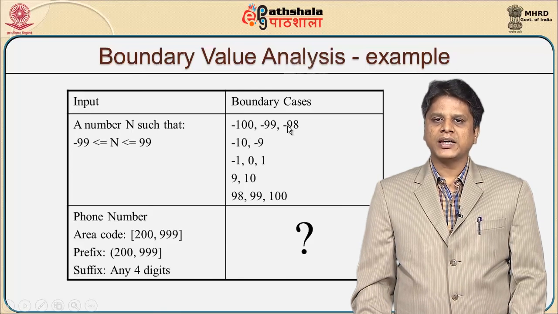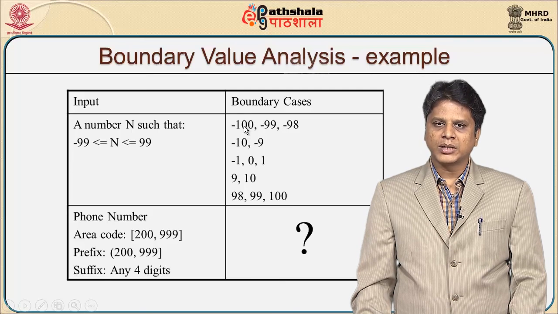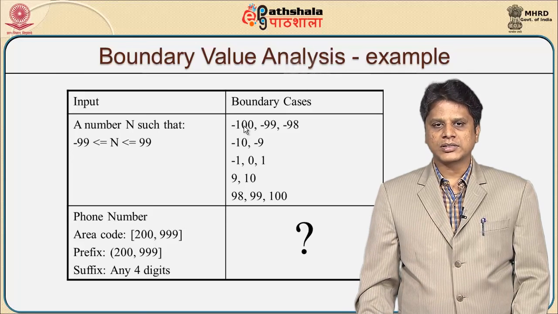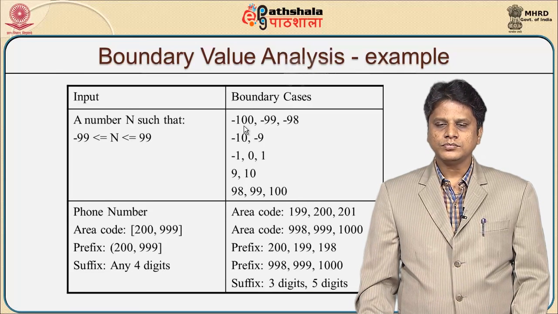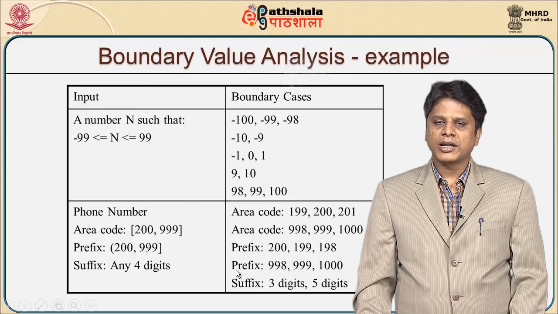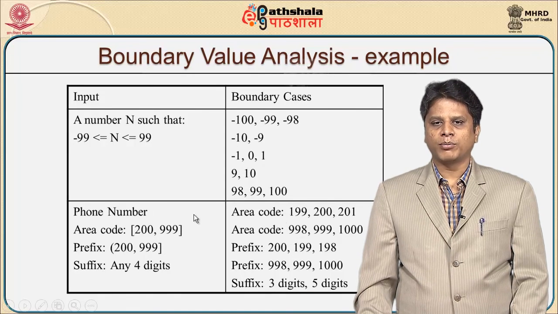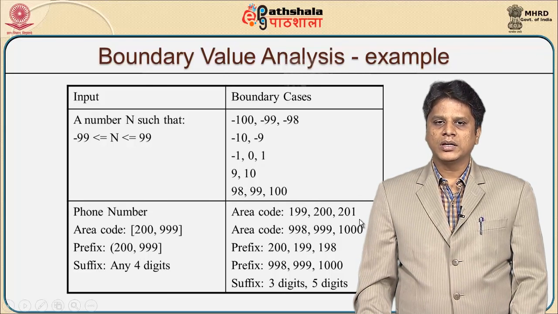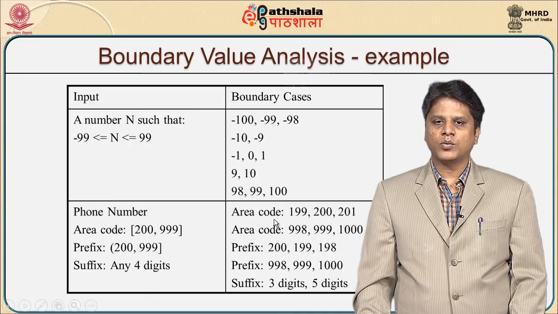If the system says minus 100 is well within the limit, then we may have to actually look at the coding and correct ourselves. Likewise, similar activity is carried out for the phone number also, where the appropriate boundaries need to be checked, say for area code 199, 200 and 201. So having given the limit 200, one number below and one number more than that has also been checked.